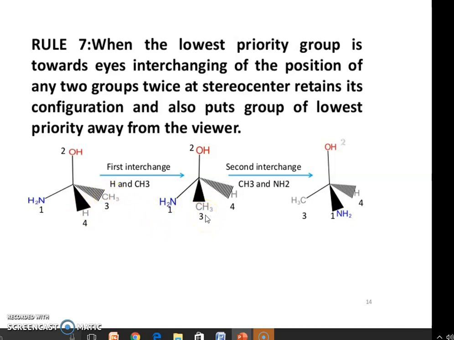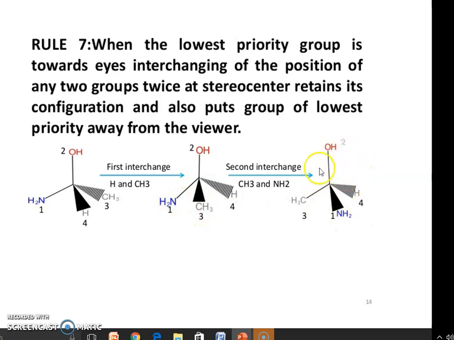So you can see CH3 comes and H comes here. And the second interchange is between CH3 and NH2. So where is NH2? NH2 will come here, from this it comes here, from this it goes here.